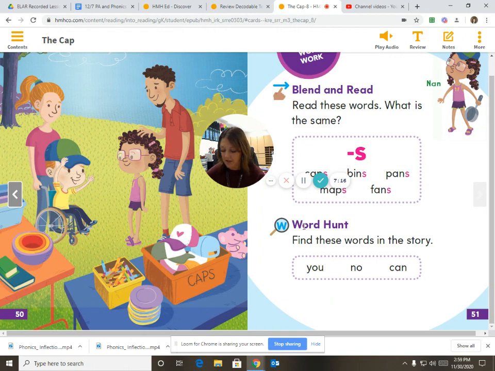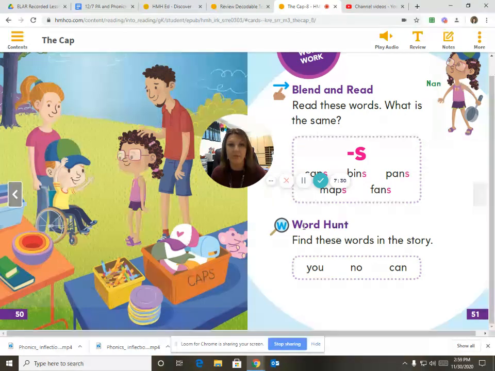They were getting things together to sell because they didn't fit anymore, or they didn't want them anymore. Okay. Now let's think about the events in both stories and how they connect. What was happening in the cap that was also happening in cans and bins? If you need to pause and think for a second, how are they the same? What were they doing in both stories?